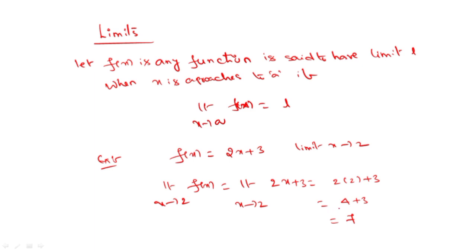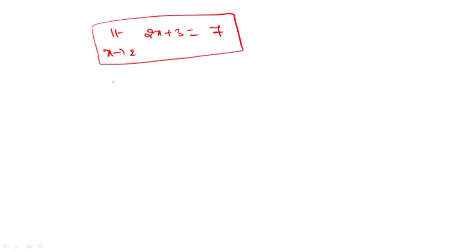So when x tends to 2, 2x plus 3 gives 7. Whenever x is approaching 2, f of x is approaching L, approaching 7.